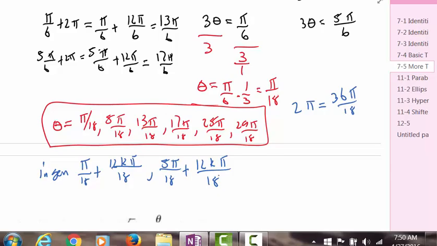So all of my answers are either going to look like pi over 18 plus some multiple of 12 pi over 18, or they're going to look like 5 pi over 18 plus some multiple of 12 pi over 18. So again, the general case is just a statement of, in general, what do I see with my numbers? Okay. All right, anything else on this one?